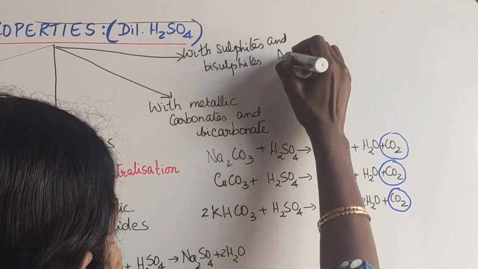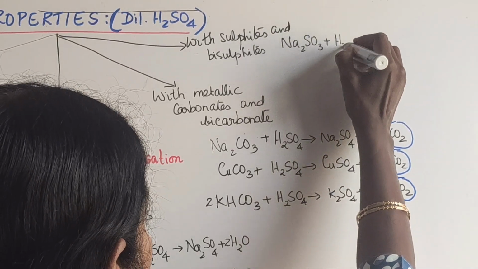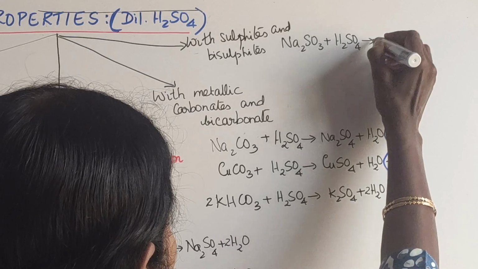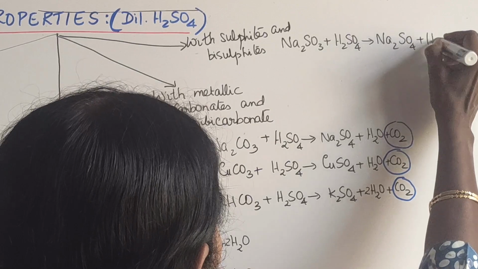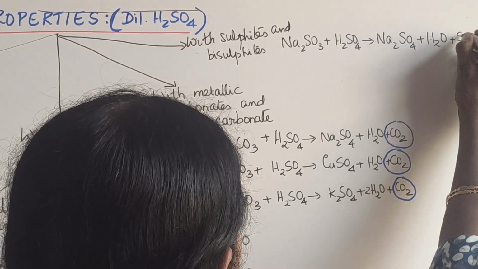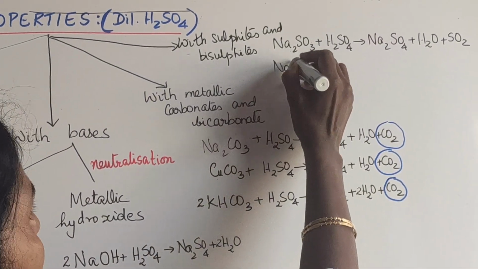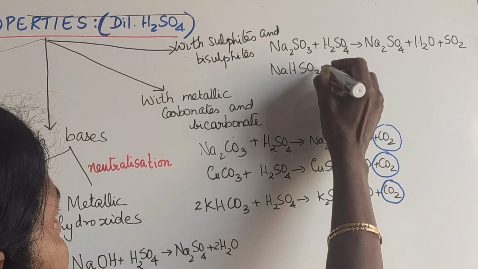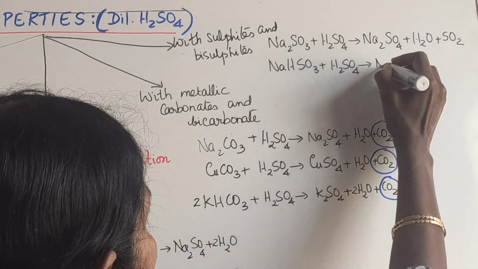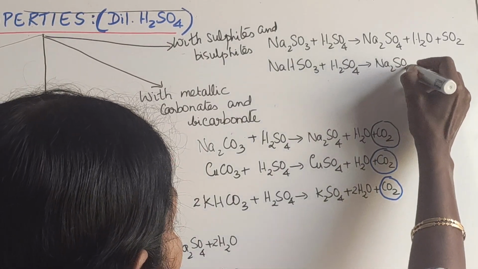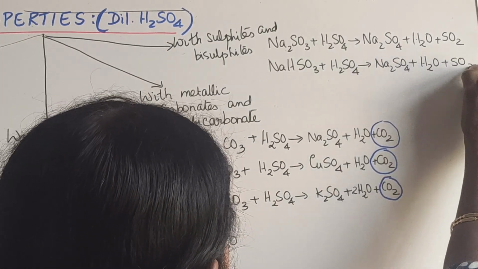Let us take sodium sulfite plus dilute sulfuric acid to give sodium sulfate plus water plus sulfur dioxide. Similarly, if we take sodium bisulfite plus dilute sulfuric acid, also would give sodium sulfate plus water plus sulfur dioxide.